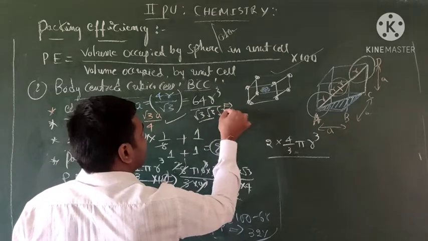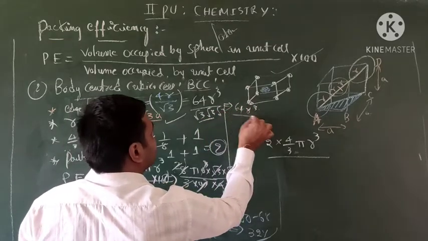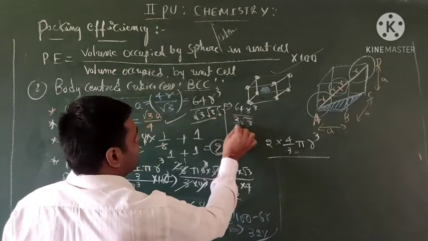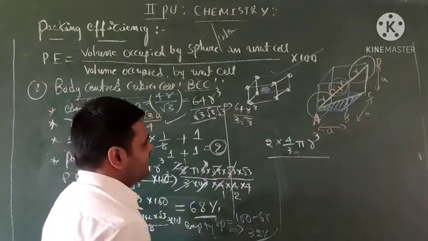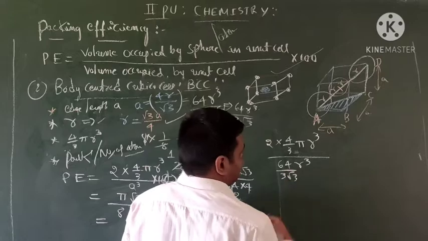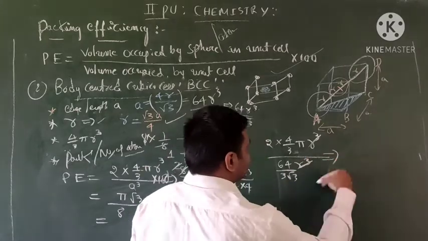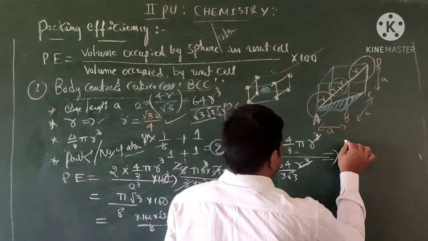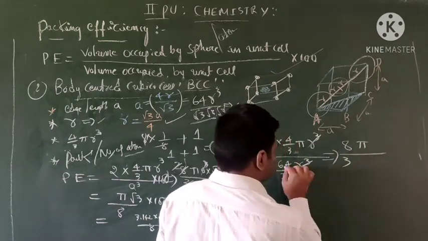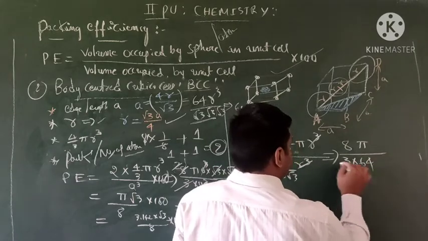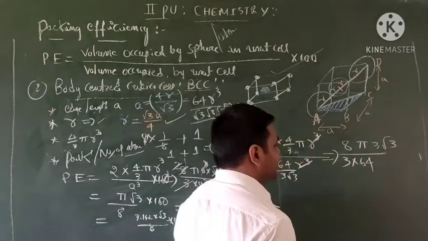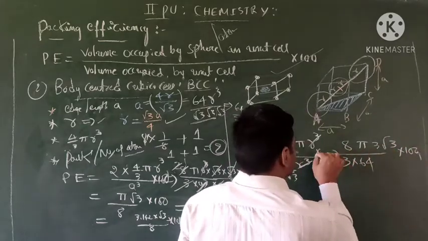The roots cancel each other, then we get 4 into 2, 8, into pi, divided by 3. The remaining is 64 and 3 root 3 in the denominator, into 100.